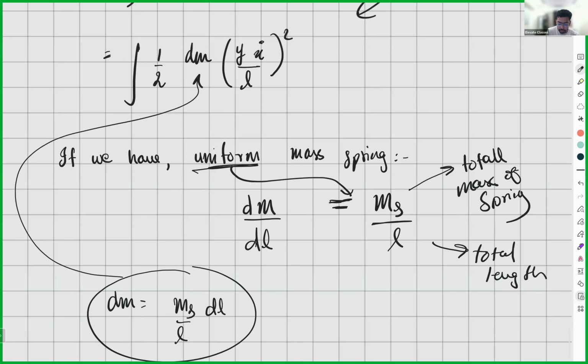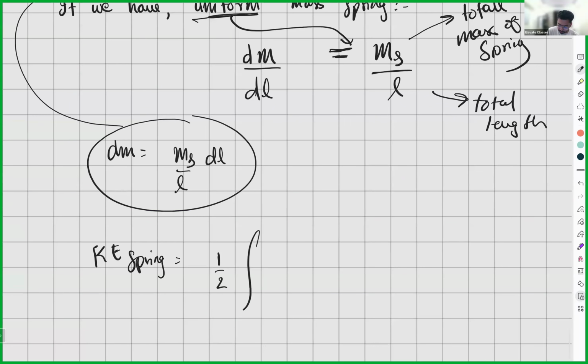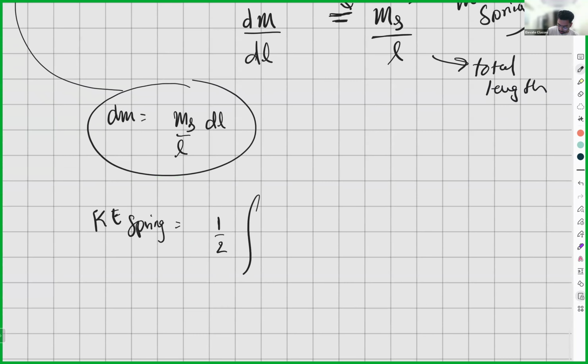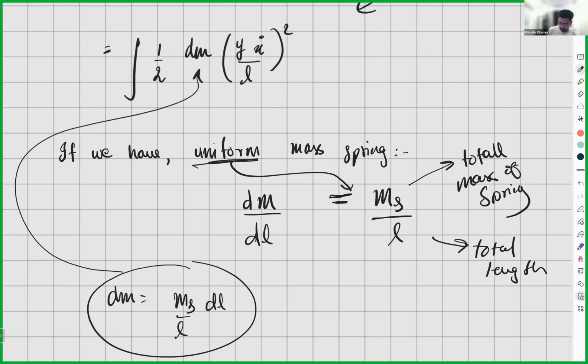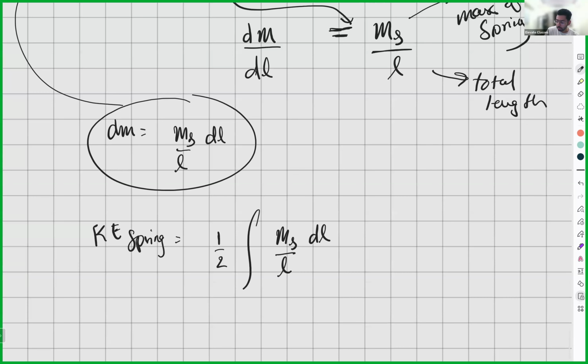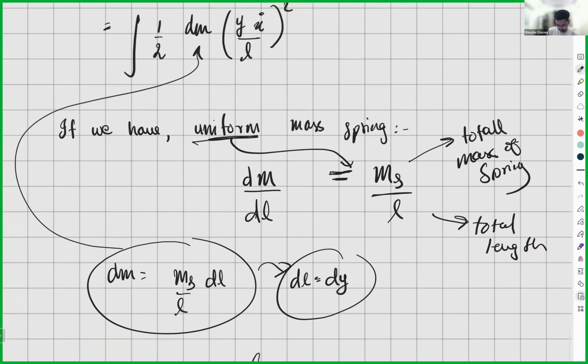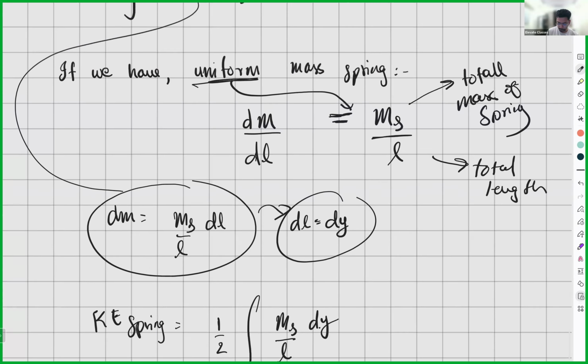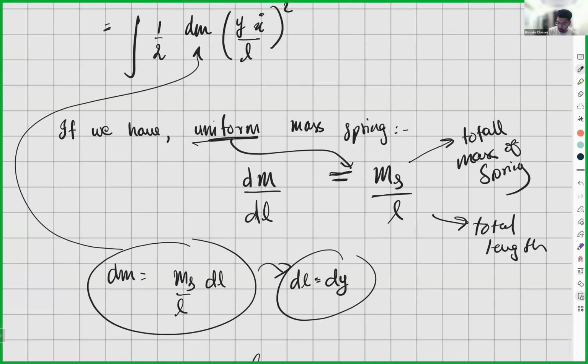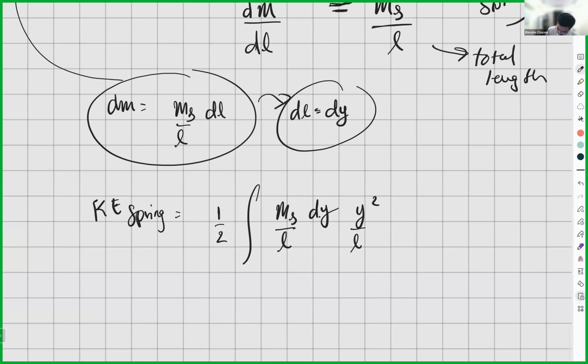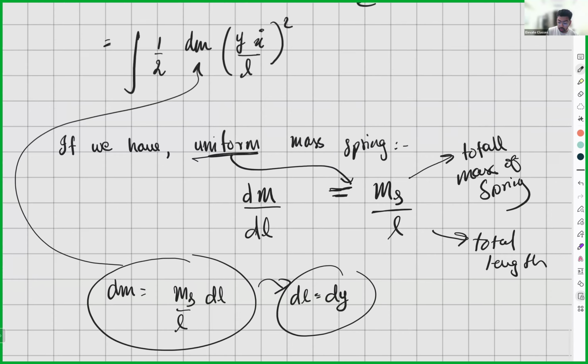The kinetic energy of the spring will be half, outside the integration, ms divided by L dl. dl can be called dy because the variable involved is y; a small change in length is a small change in y. So half this thing, and y square by L square, and x dot square.